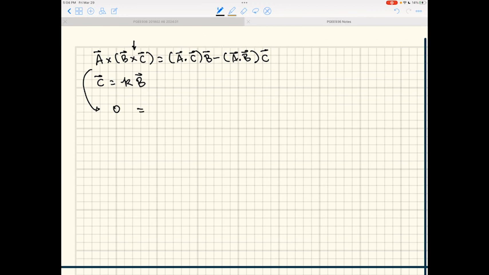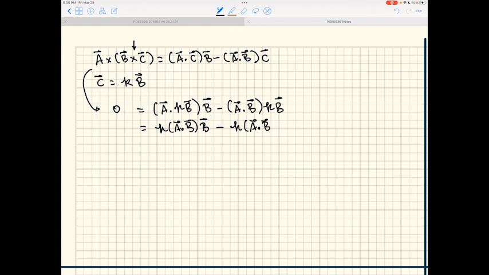And the right-hand side is going to be something like A dot KB times B minus A dot B times KB, right? Which is equals to KB times B minus KB times B, which is 0. So we have 0 equals 0, and the identity is verified for the case of C and B collinear.